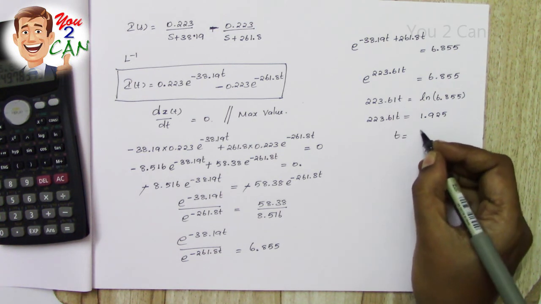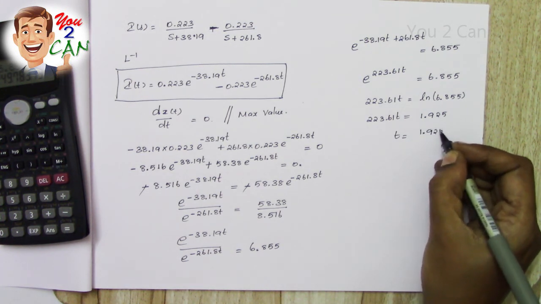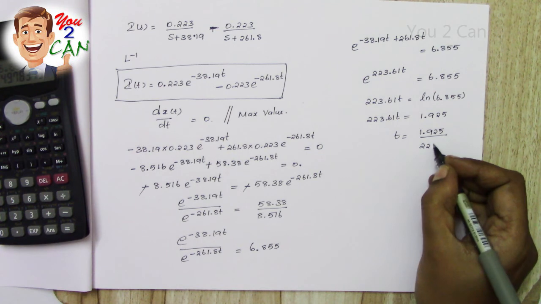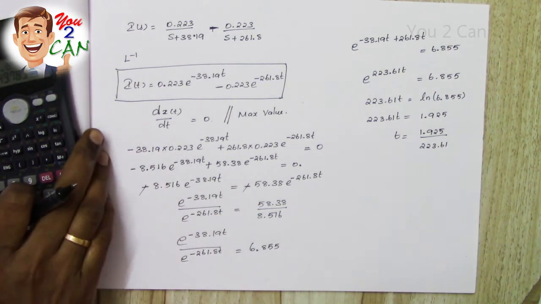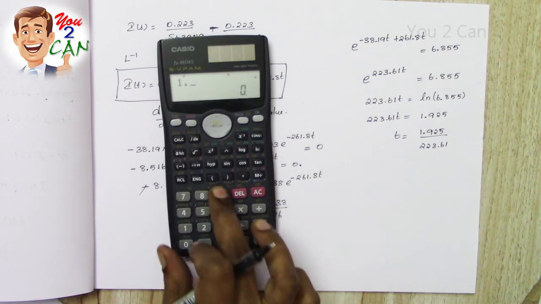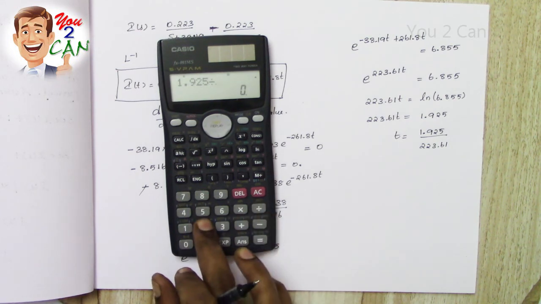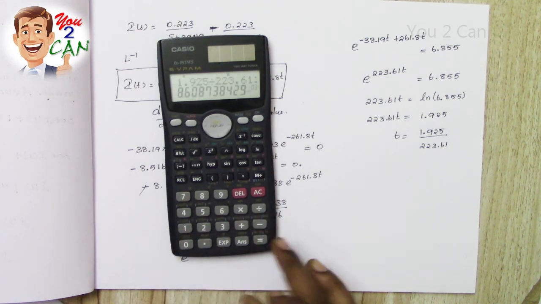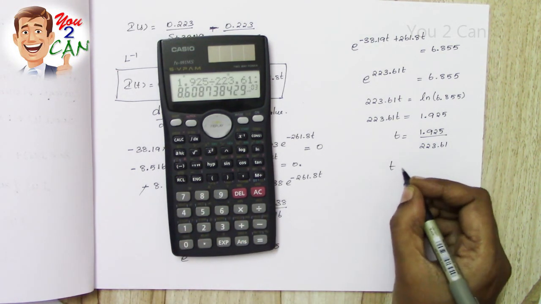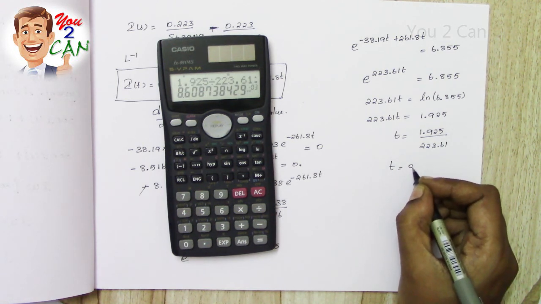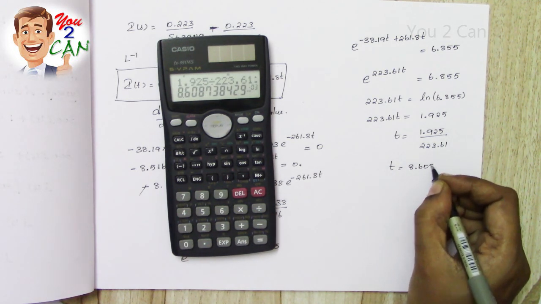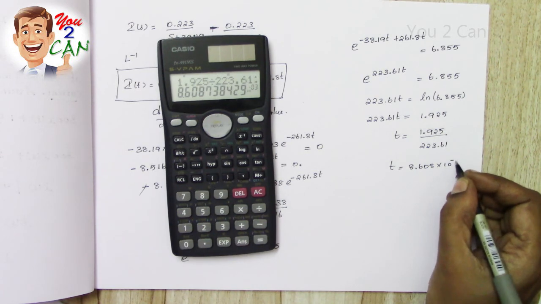Then t is equal to 1.925 divided by 223.61, that is t equal to 8.608 into 10 power minus 3.